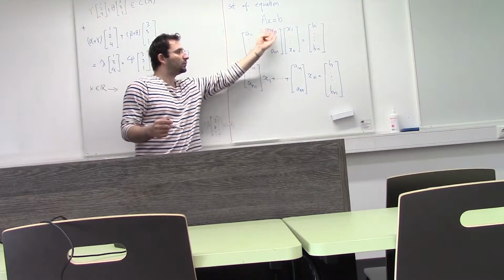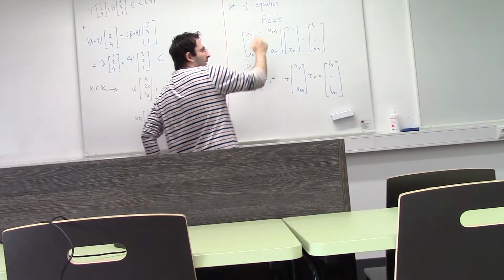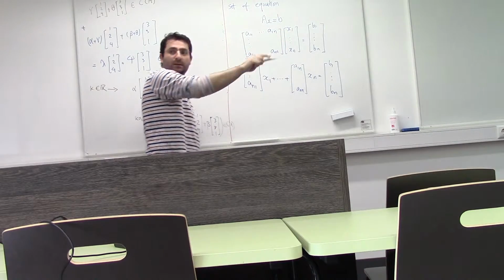We can do the multiplication of this. It's like this column multiplied by this, then this column multiplied by this, and so on.